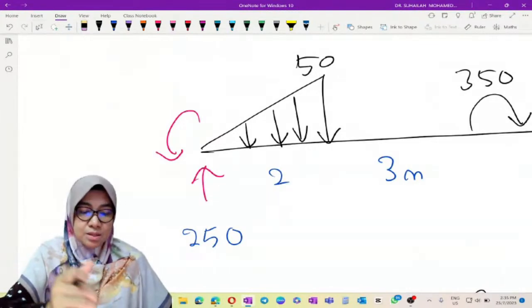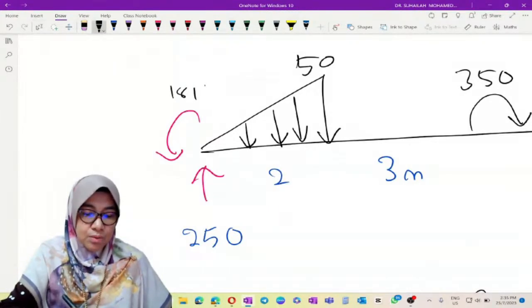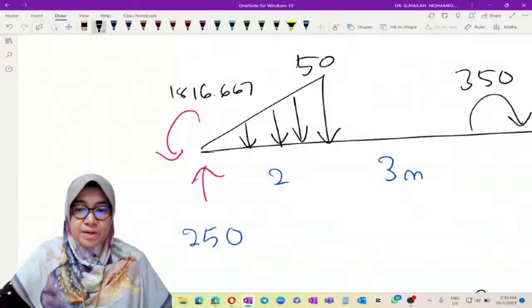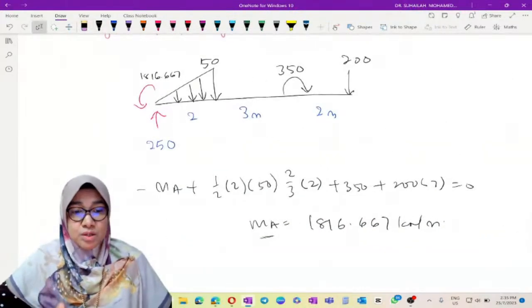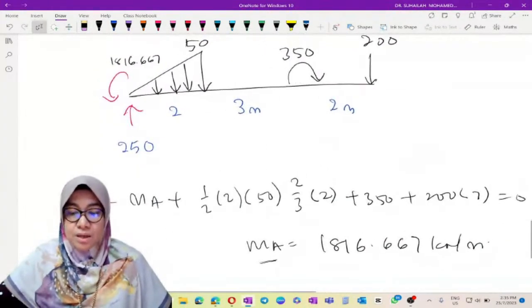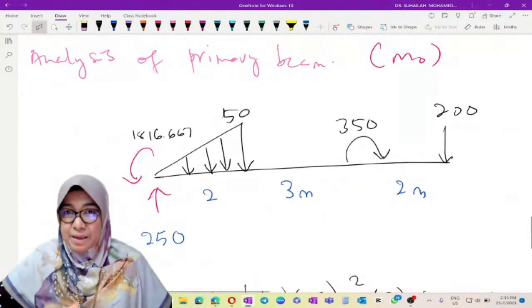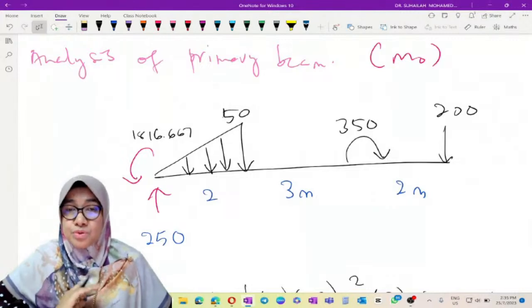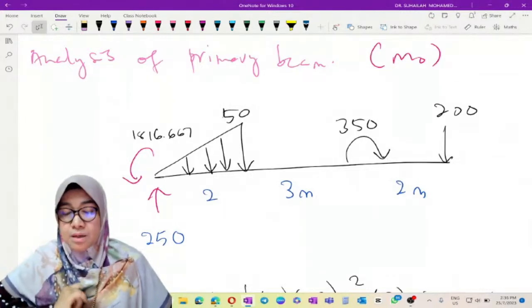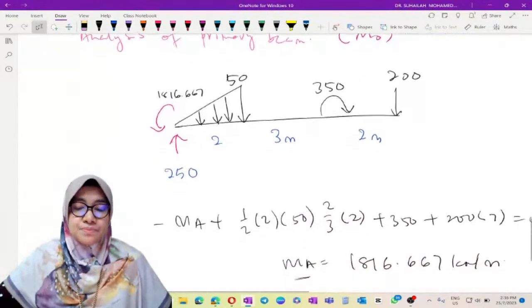So this is 1816.667. Positive means the assumed direction is correct. So this is actually the beam that we are going to use to write the moment equation.